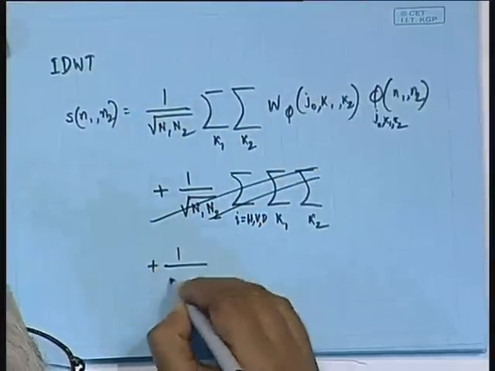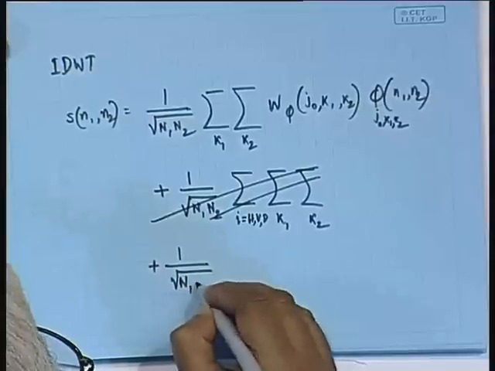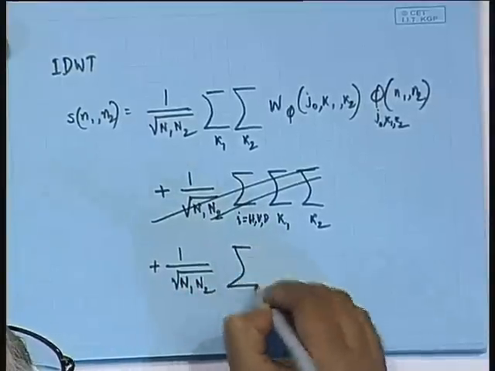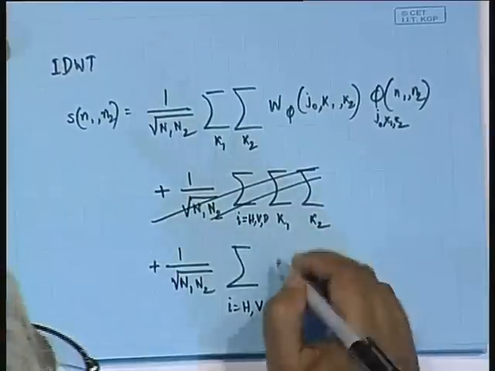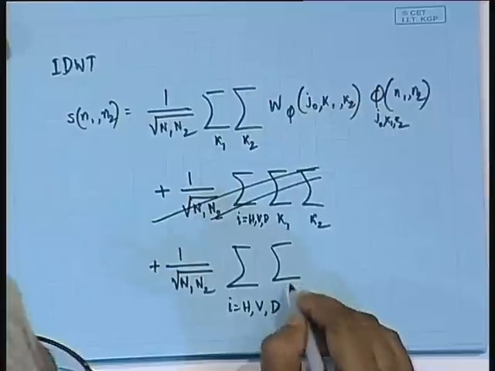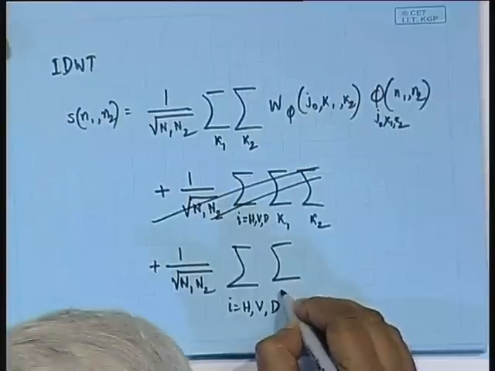So, better we rewrite it as plus 1 by root over n1 n2, summation over i, and i could be H, V or D, and then the scale factor we put as j.